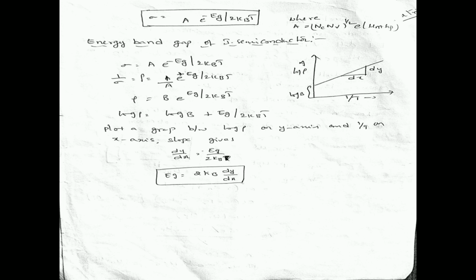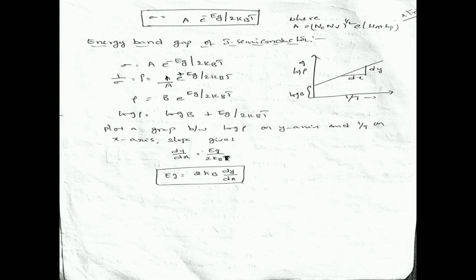Next topic, energy band gap of intrinsic semiconductor. From the above expression we find the energy gap of intrinsic semiconductor. The sigma is equal to A e power minus Eg by 2 kBT. 1 by sigma is equal to rho. Here rho is the resistivity. Conductivity and resistivity are inversely proportional to each other.